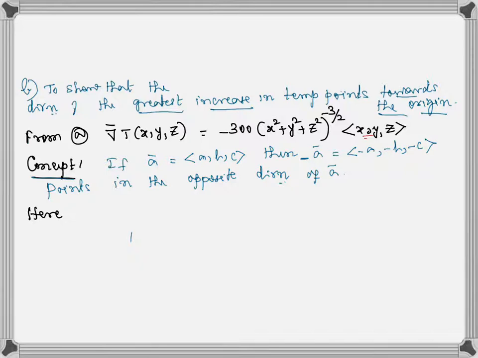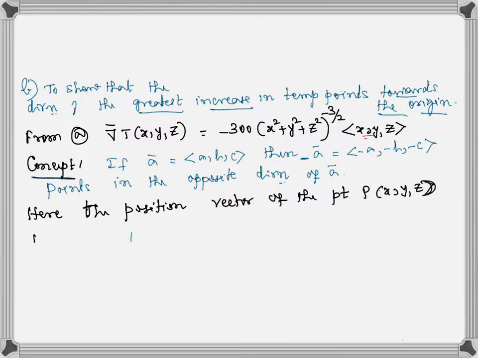One is away from the origin, the position vector. The other one is pointing towards the origin. Here, the position vector of the point P is OP, which is vector components x, y, z.